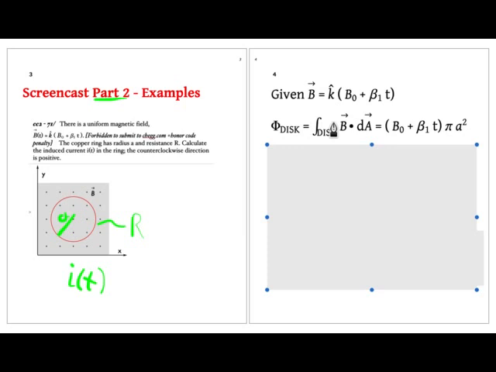The magnetic flux is the integral B dot dA over the interior of the ring, the disk inside the ring. Now B is B0 + β1 t, and that doesn't depend on position, so I can pull that outside the integral.